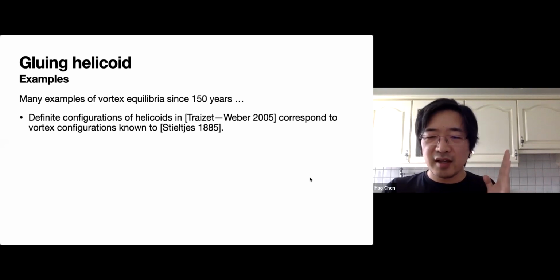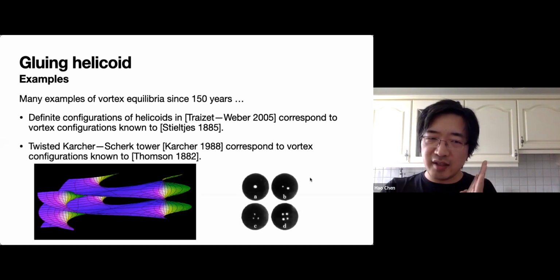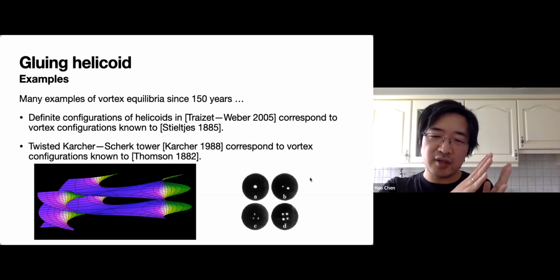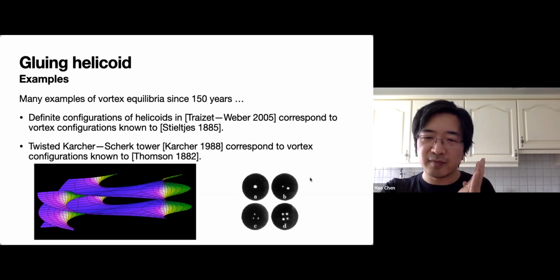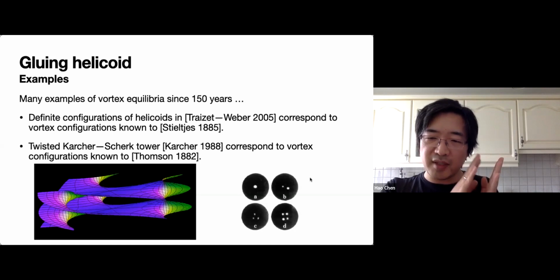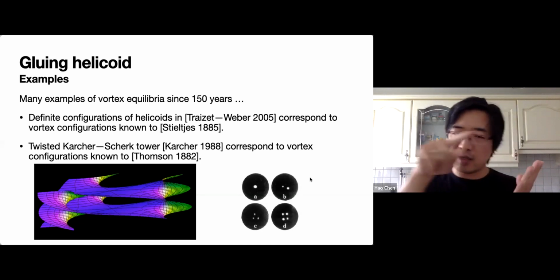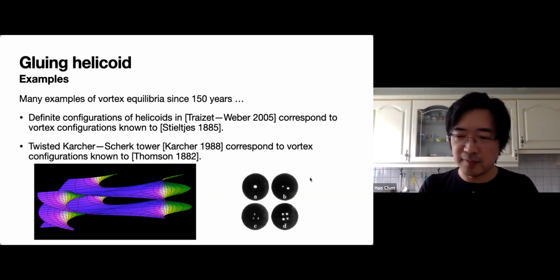And then in 1988, Karcher proved that you can actually twist a saddle tower so that the sharp ends become helicoid ends. In this case, the helicoids are arranged in a regular polygon.